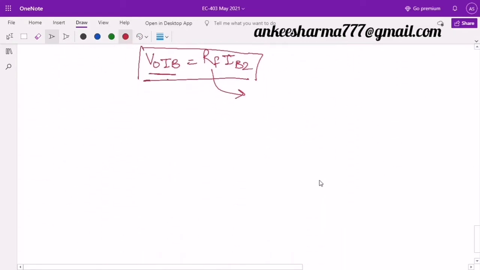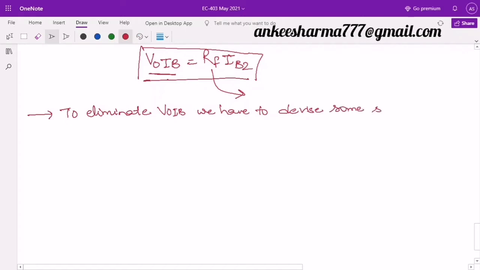So next we can see here, to eliminate VOIB, we have to devise some scheme at the input by which V1 can be made equal to V2.